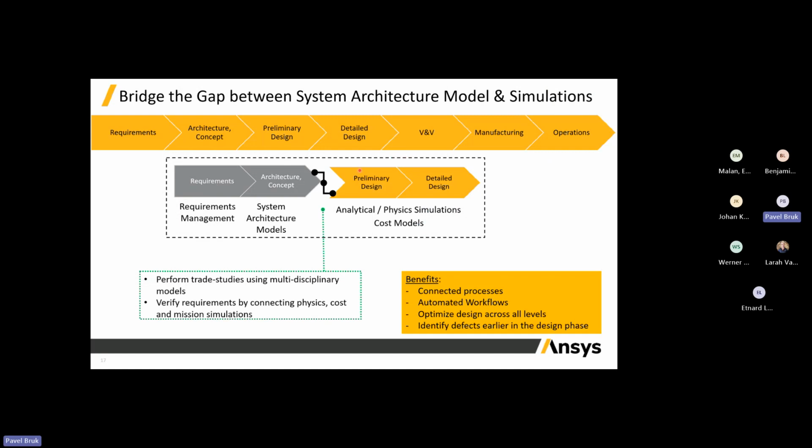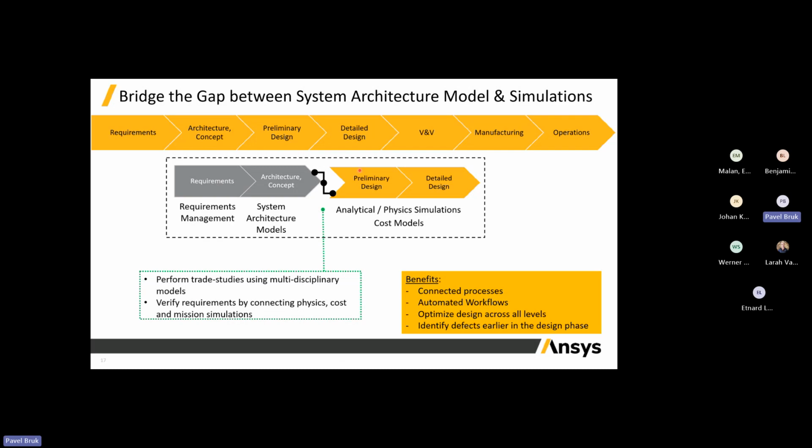Okay, so we've created the model. Then what's next? Next, we need to connect this model with other tools, with other stages of the life cycle, with other processes. This gap between system architecture modeling and simulations and other engineering processes is very well known, and by bridging this gap, we are able to achieve the true MBSE implementation and get the MBSE related advantages, right?